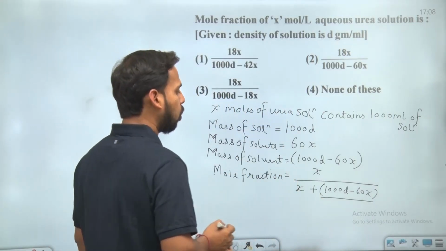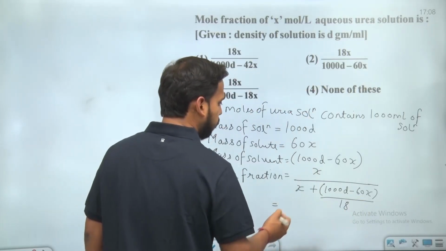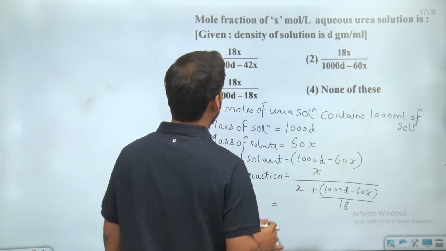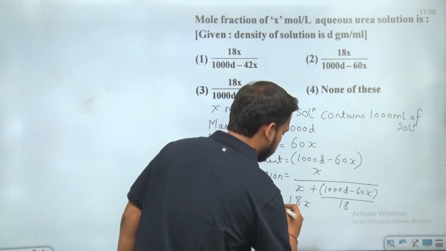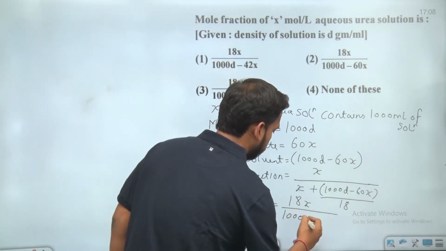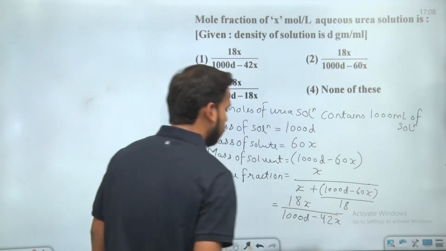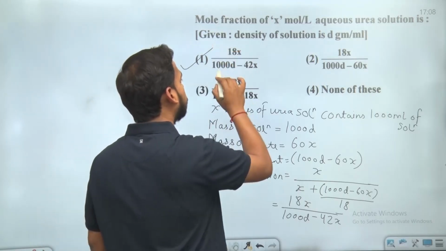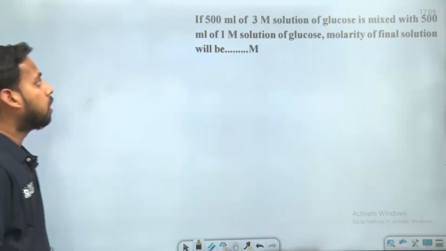When we solve this, we finally get 18x divided by 1000 D minus 42x. So our correct option is option 1.